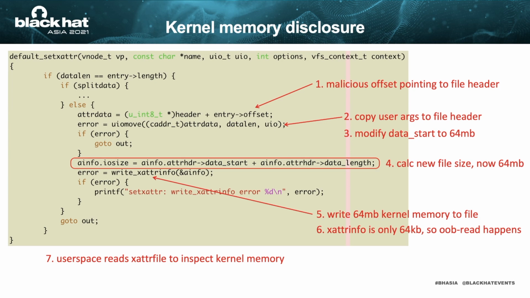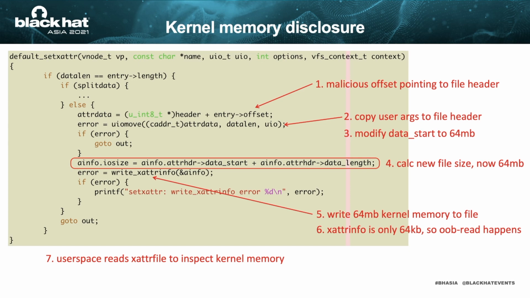Before writing the file back to disk, the file size will be recalculated, because when a new xattr is added or a longer xattr is set, the file size may change. The new file size is calculated by data start plus data length. Referring to the previous page, these two fields are within the coverage of the illegal entry offset.